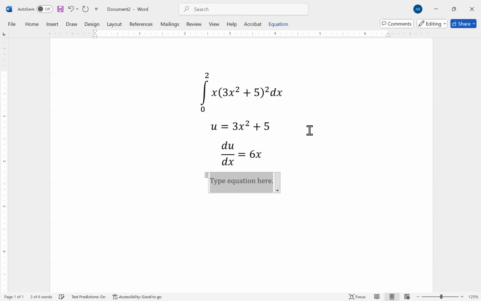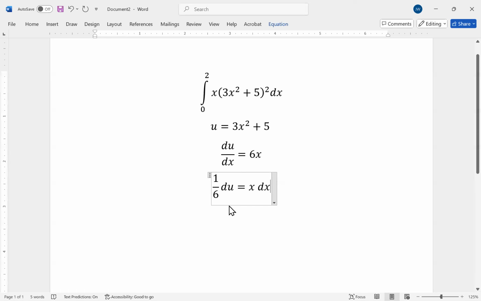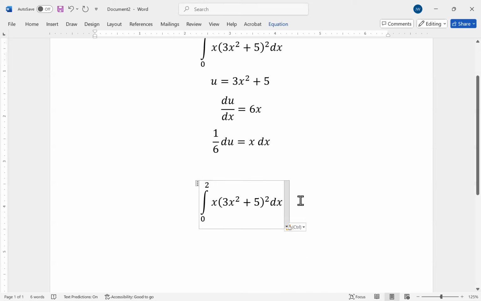So 1/6 du is equal to x times dx. If all of this looks familiar to you, it should, because this was example 3. Without the bounds, this was the indefinite integral in example 3.